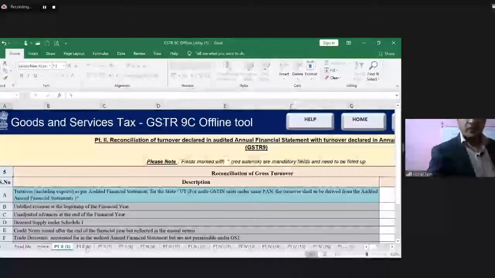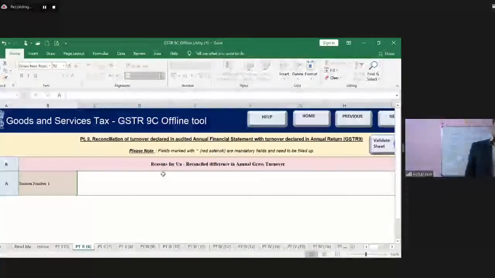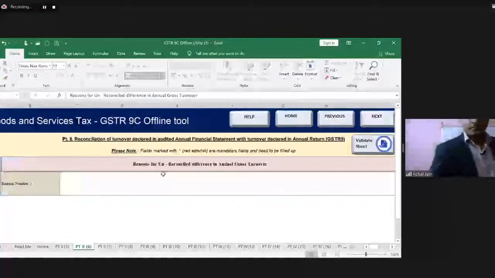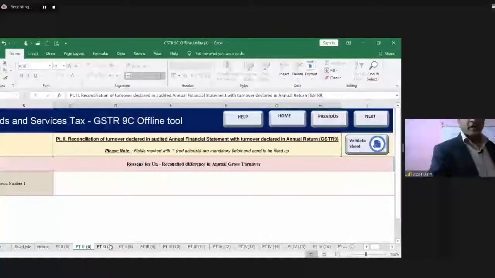Okay, moving further, it requires, if there are any unreconciled differences, then those are required to be reported over here with reasons. Okay, that means any exceptions will get captured over here.